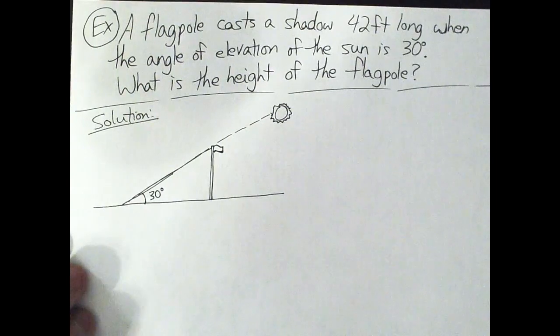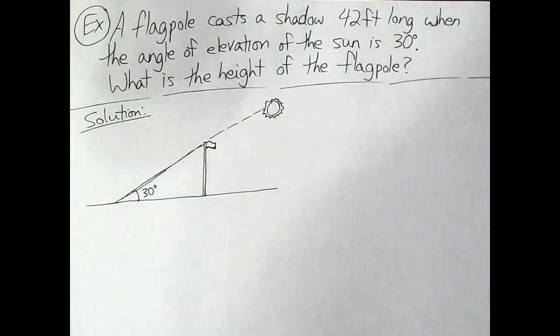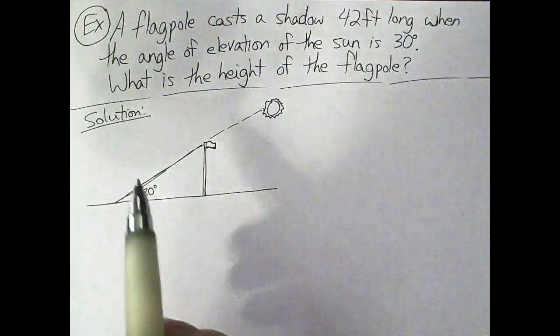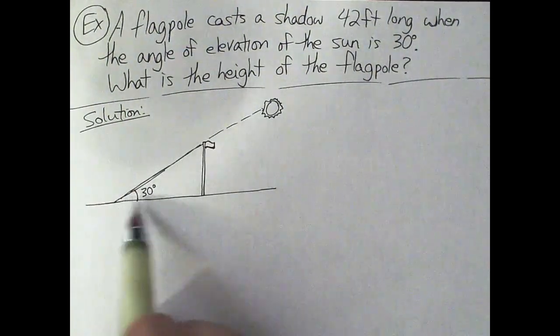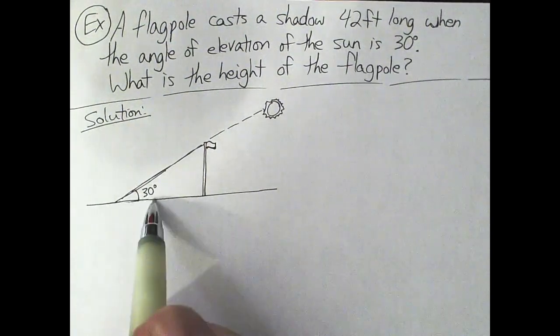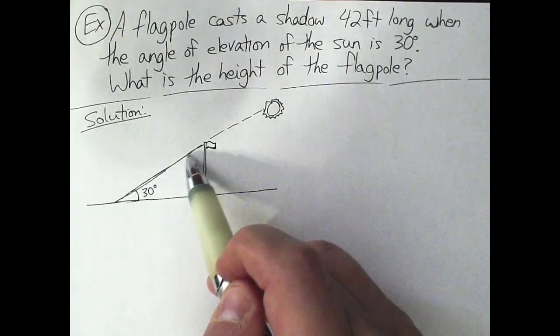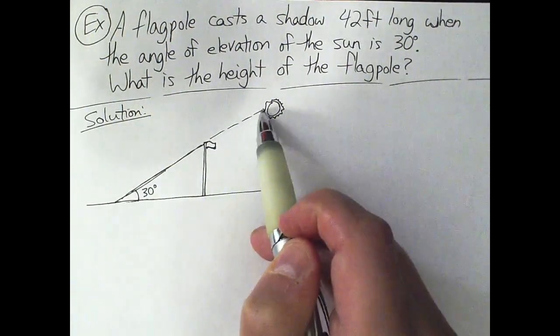All right, so that is what this sentence was saying when it says the angle of elevation of the sun is 30 degrees. It means the angle that's made with one of the rays being the ground and the other ray going from the ground to the top of the flagpole, to the sun.